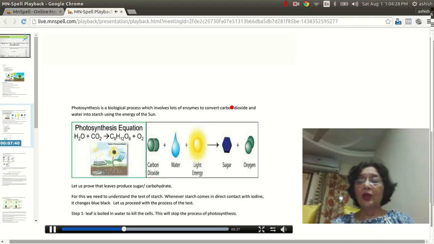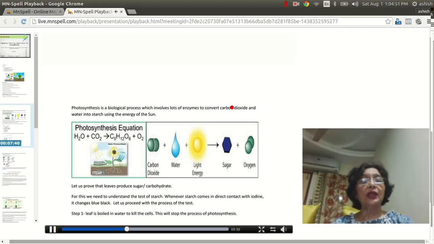Now, one thing is most important to remember. Photosynthesis cannot take place in a non-living cell, and that's the reason we call it a biological process. And whenever there is metabolism in a living cell, it happens only in the presence of enzymes.